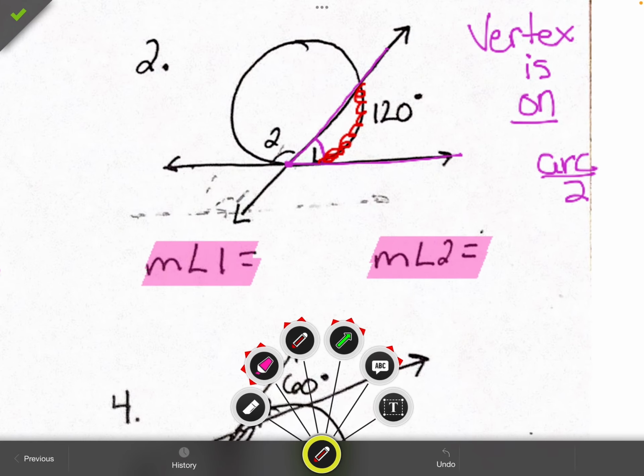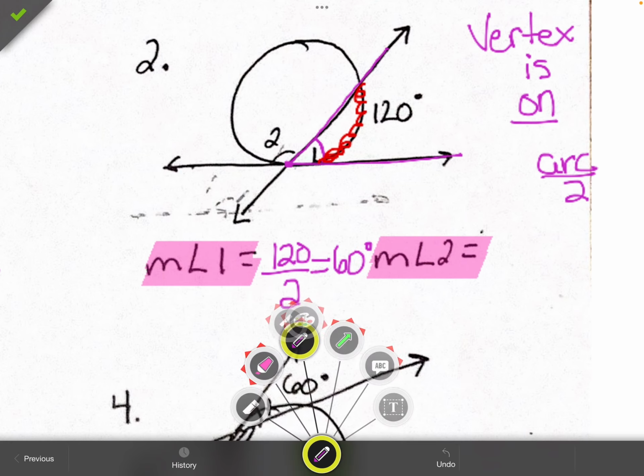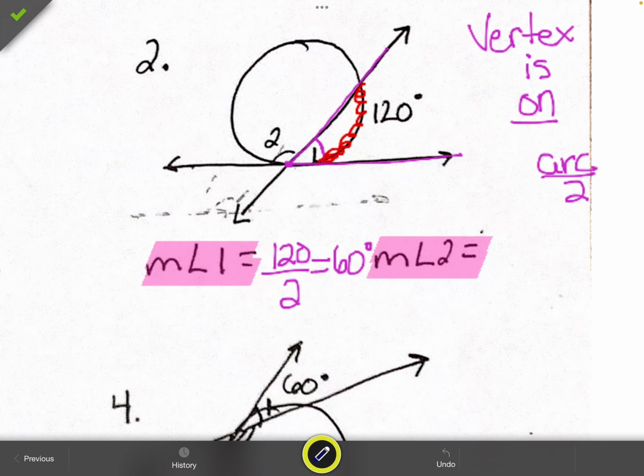So to find angle 1, I take 120 and divide it by 2. Arc divided by 2. So I find out that angle 1 is 60 degrees. 120 divided by 2 is 60. And I would come over to my picture and put that in my picture. So angle 1 is 60 degrees.